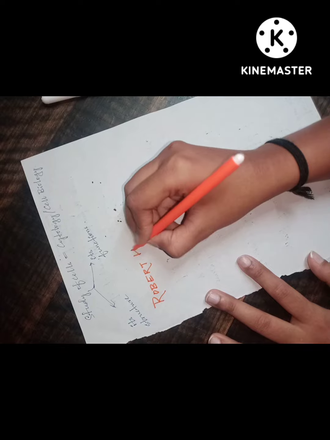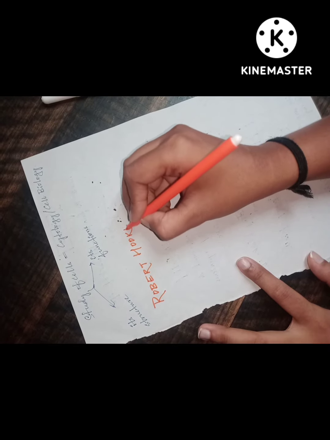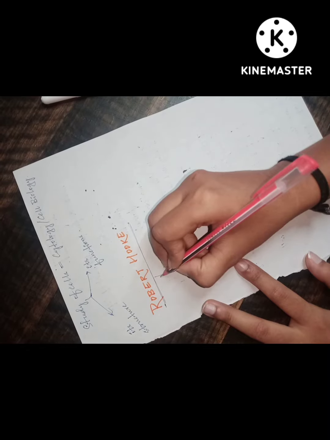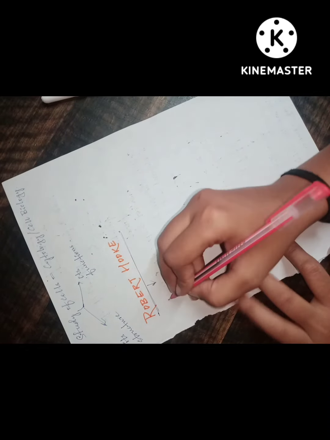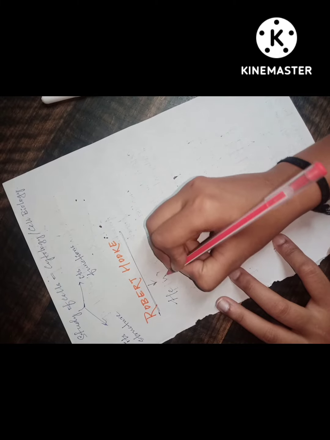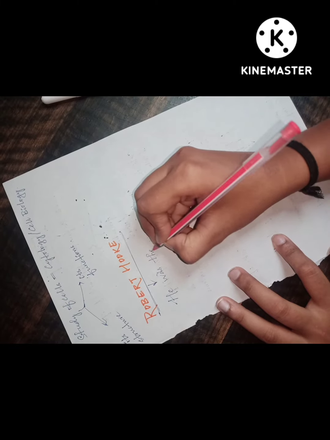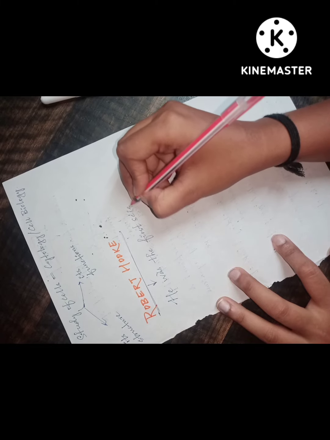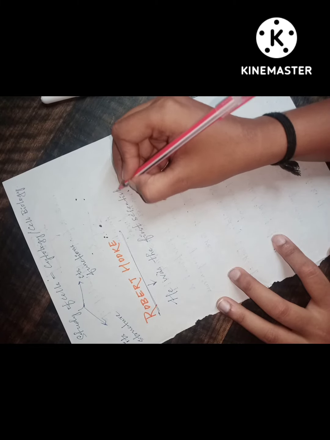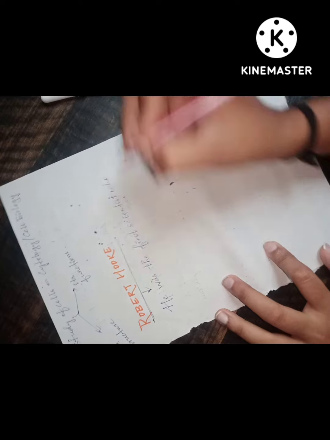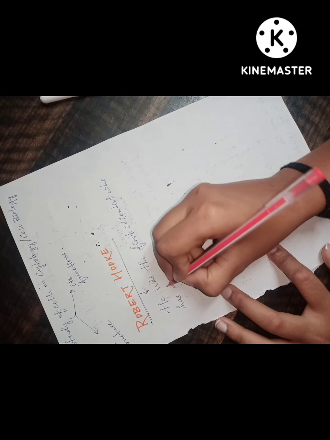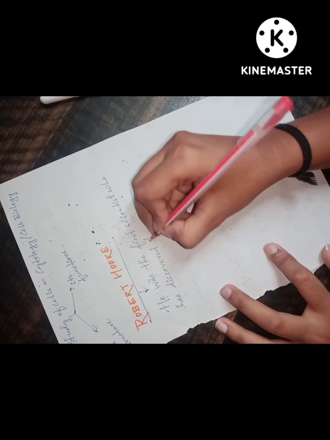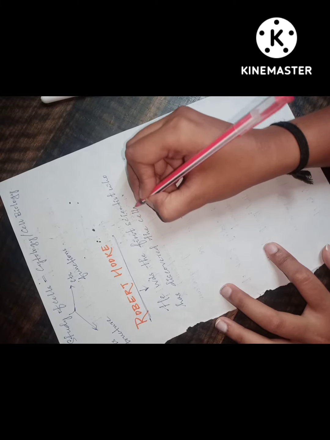Robert Hooke. Okay, Robert Hooke was a famous scientist, and he was the first scientist who discovered the cells.